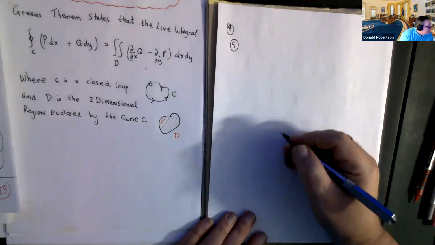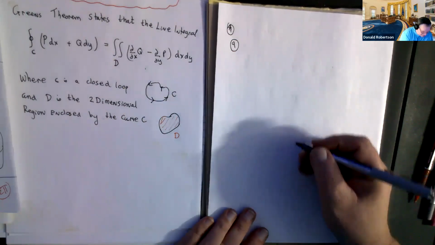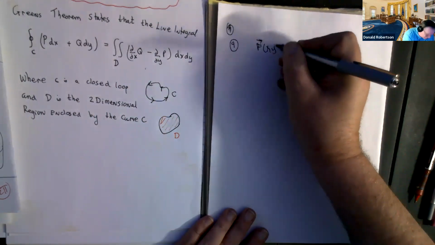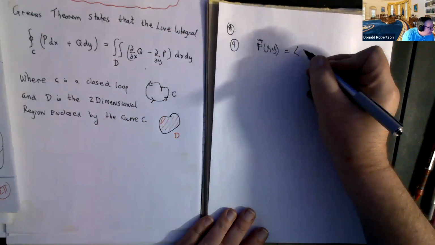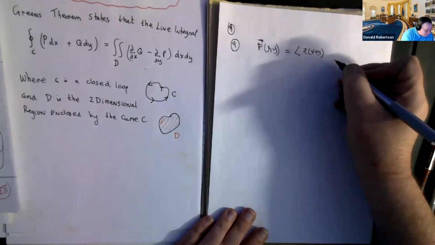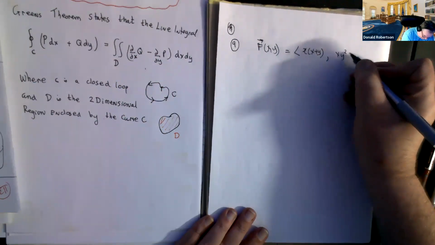So the new guy, number 9, is going to find the work done. So you have a force vector, and it happens to be equal to x plus y, comma, xy squared.